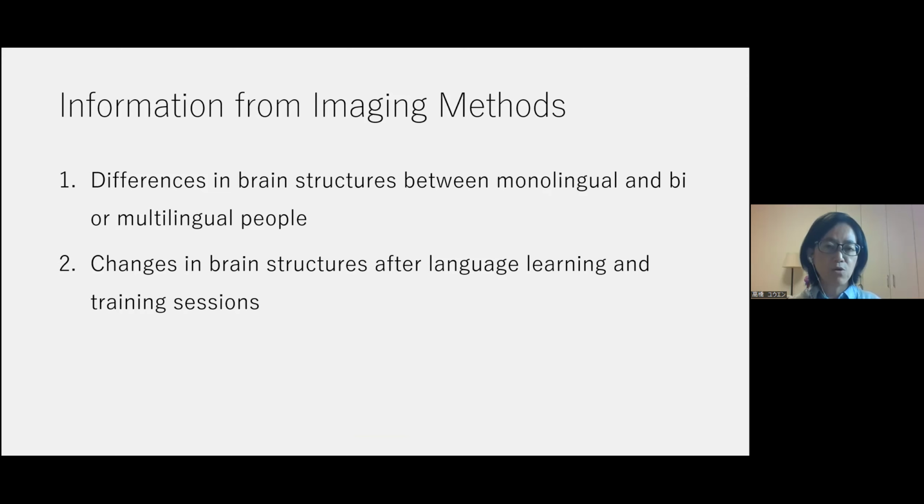And the second approach is they try to see if there are changes in the brain structures after language learning or training sessions. And I will give some examples from each approach.